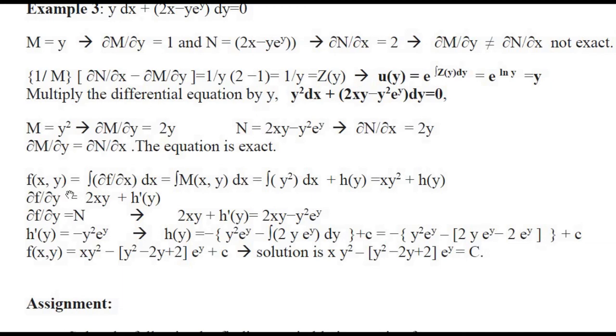f(x,y) equal to the integral of ∂f/∂x dx. ∂f/∂x is M(x,y). From the equation, write M here. It is the integral of y² dx plus h(y), equal to xy² plus h(y).